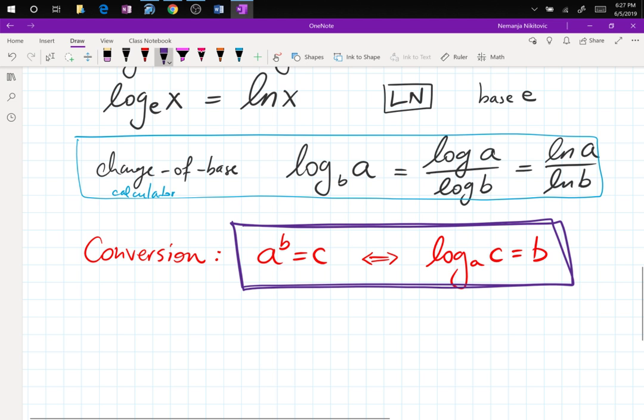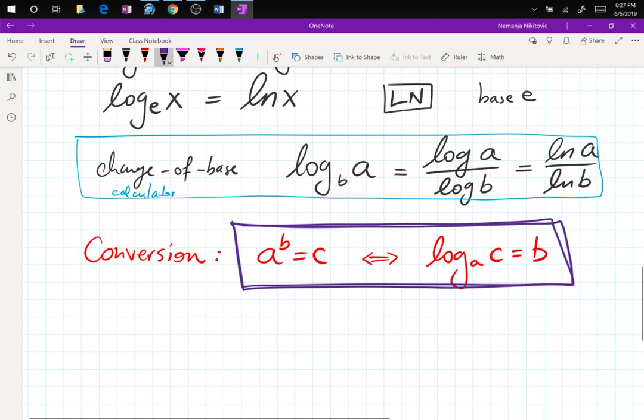So far we understand that logs are just an operation between two numbers to obtain a third number. We understand that the most frequent bases are base 10 and base e. We understand that the log is the inverse of the exponential function because, through this conversion, it can convert back and forth.